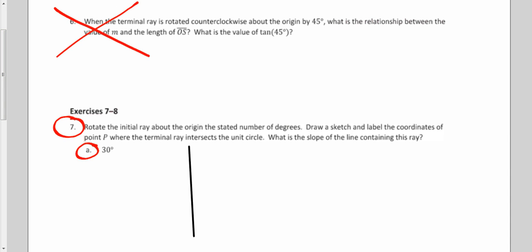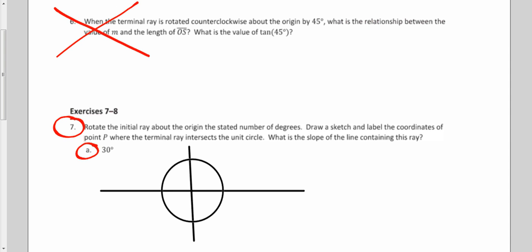This is the fun part. So let's start with the unit circle, right? And 30 degrees looks about like this. So if this is 0, 30 is about up there. So now I'm going to make a right triangle out of this.